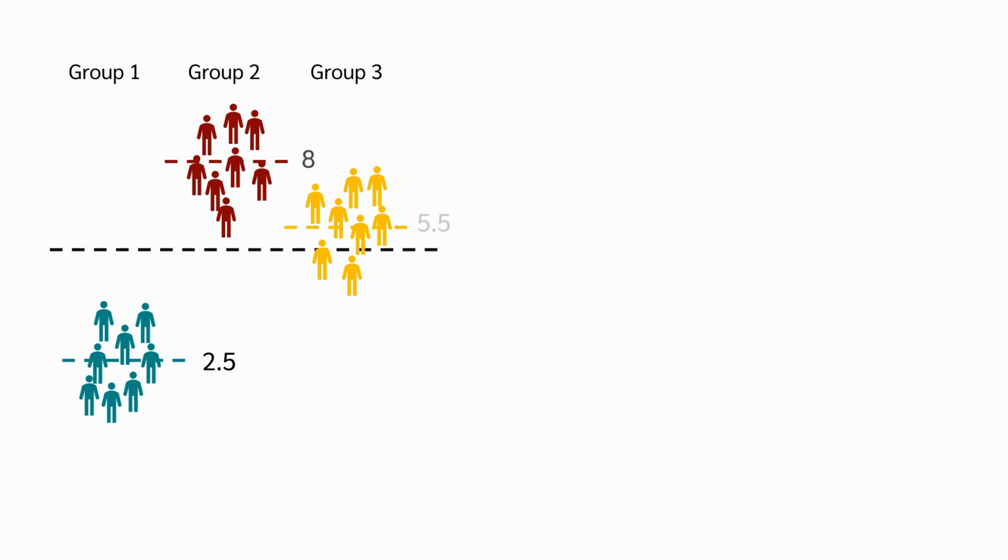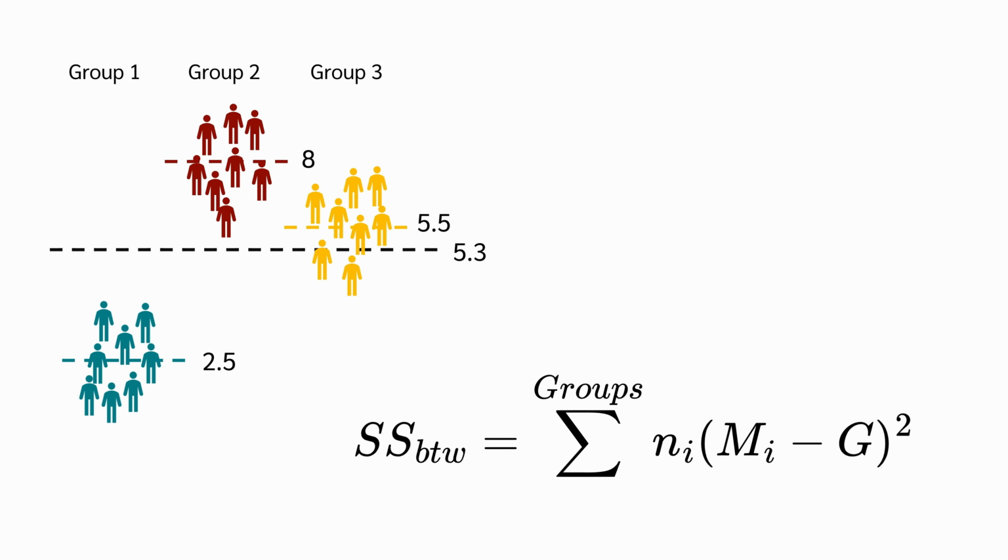Now we've calculated all the required mean values and we can calculate the so-called sum of squares between the groups. To do this, we calculate the difference between each group mean and the total mean, square this and add up the results. n is the number of values in the respective group.